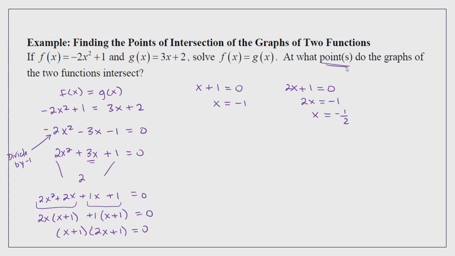Since I've set both functions equal to each other and solved, I can use either function to help me find my y's. Between the two, I'm going to choose the linear function g of x to help me find my y coordinates. So I'm going to evaluate g at negative 1.